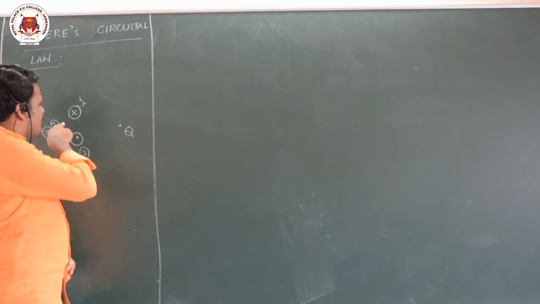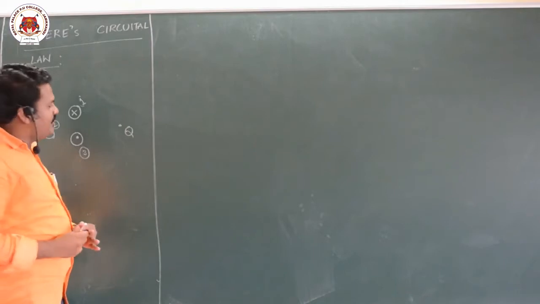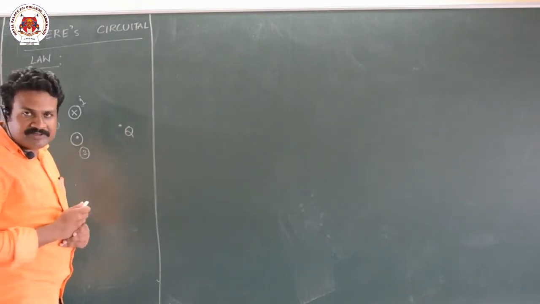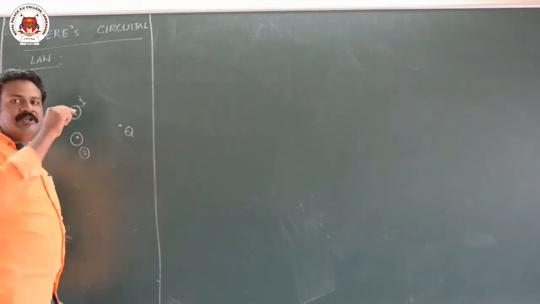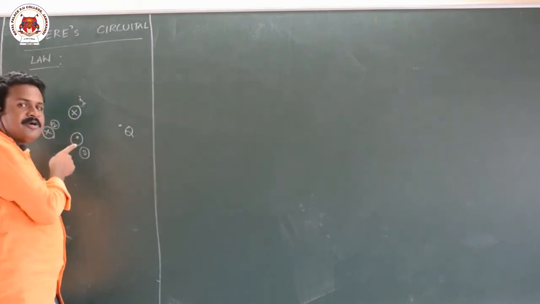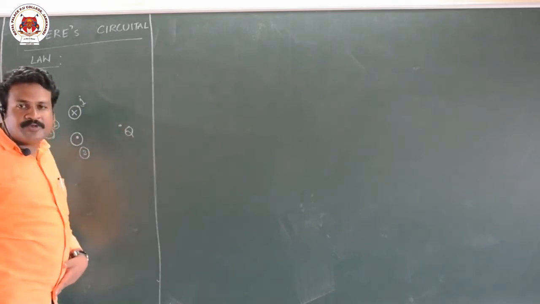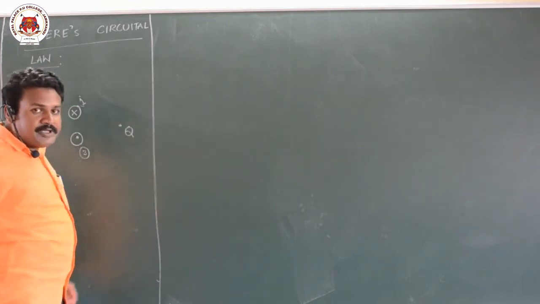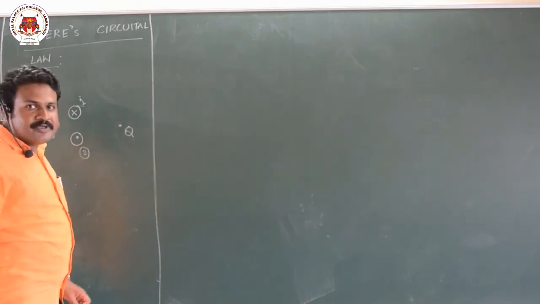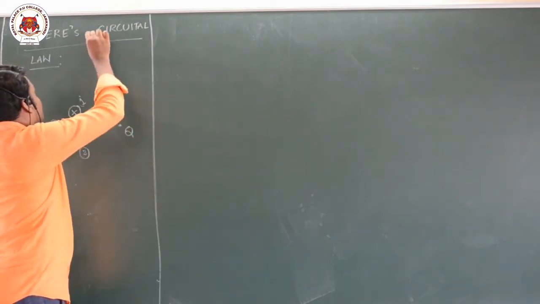For the net magnetic field at this point, from the Biot-Savart law you have to take a small element of each wire and use mu naught by 4 pi I dl sin theta by r to find the magnetic field. But it is easier to find it from Ampere's circuital law.